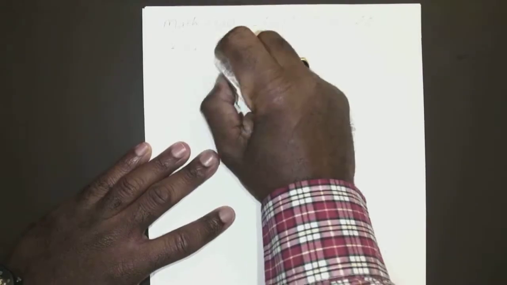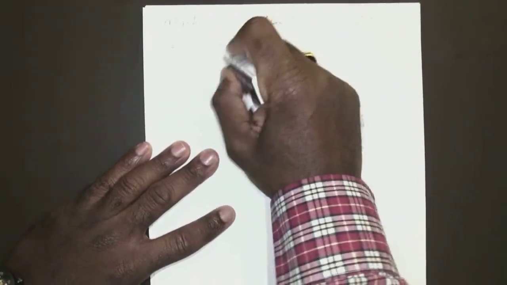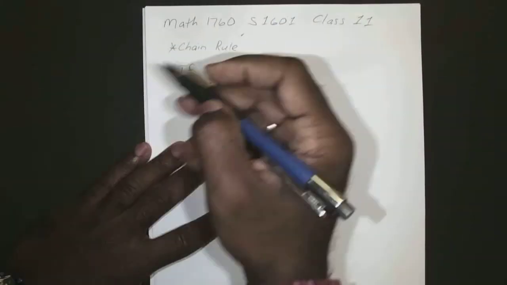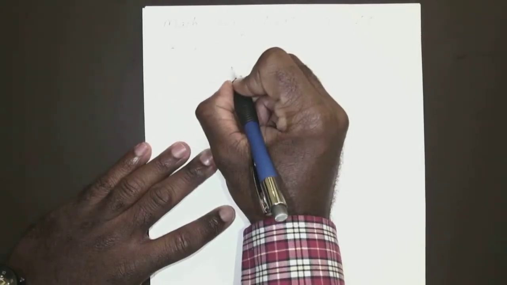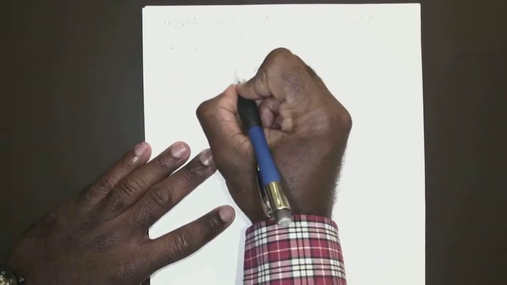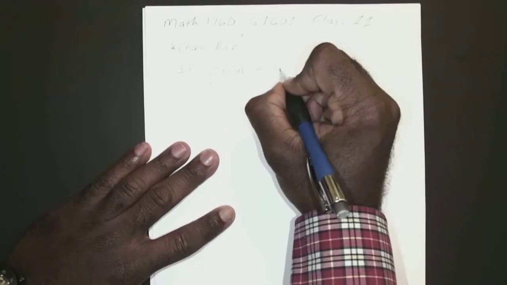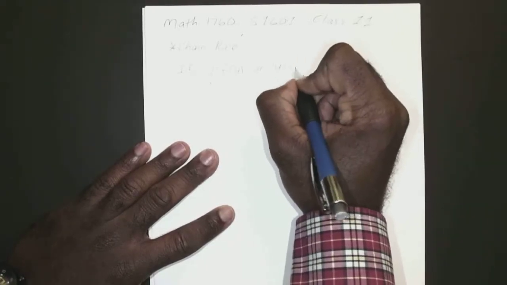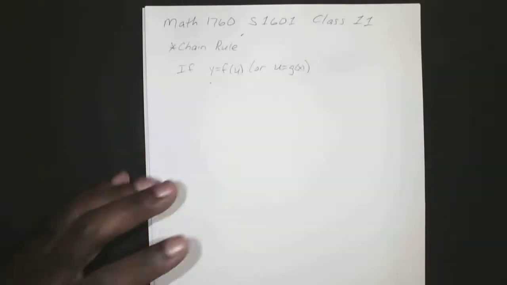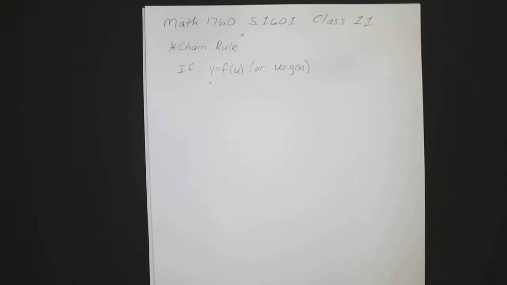Better yet, let's make this y equals f of x. Make it a little bit easier instead of bouncing around with the definition. Okay. So like y equals some f of u, where u is equal to your g of x.